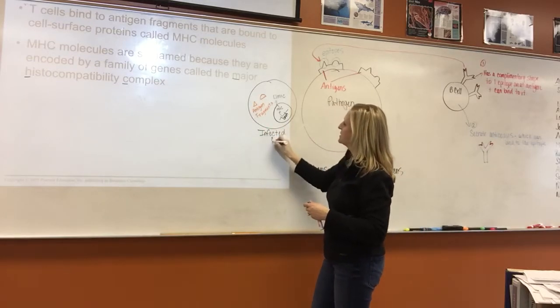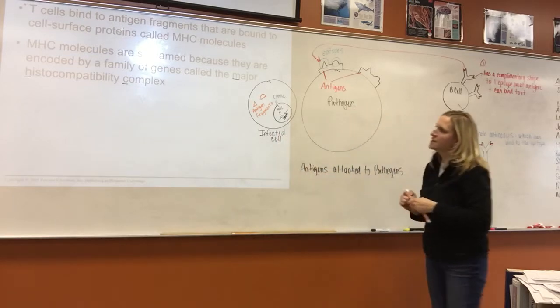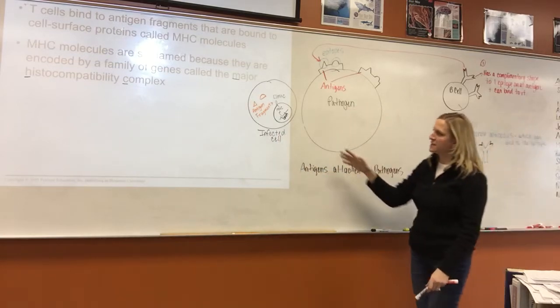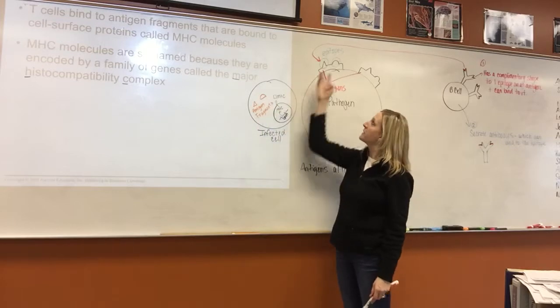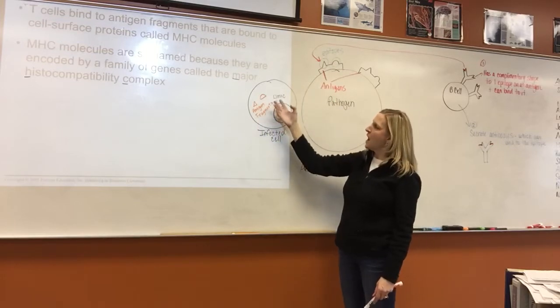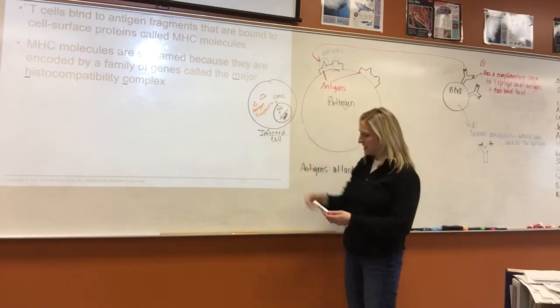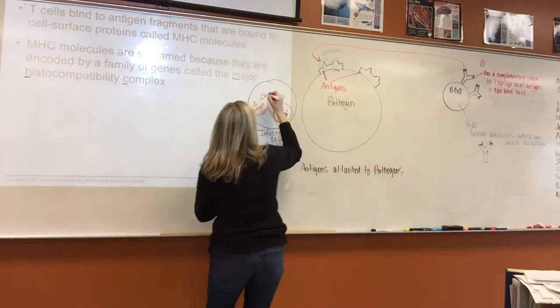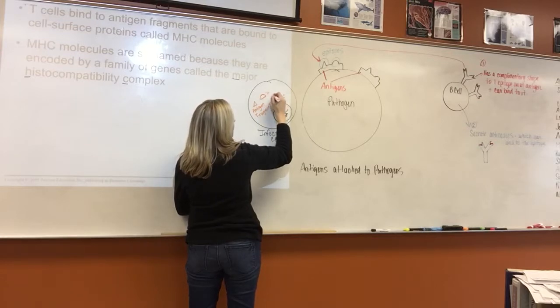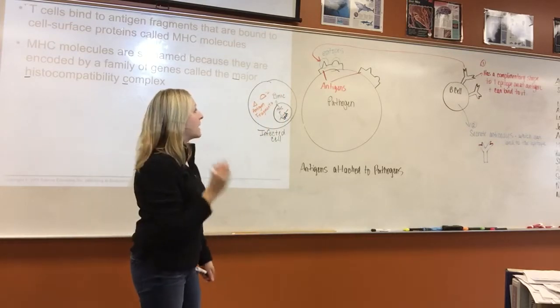So what happens is that when the cell becomes infected, and now it has these fragments, these pieces of antigens, the MHC molecules that we make pick up these fragments. So I'm going to draw here a little half circle on the end. And guess what they do?